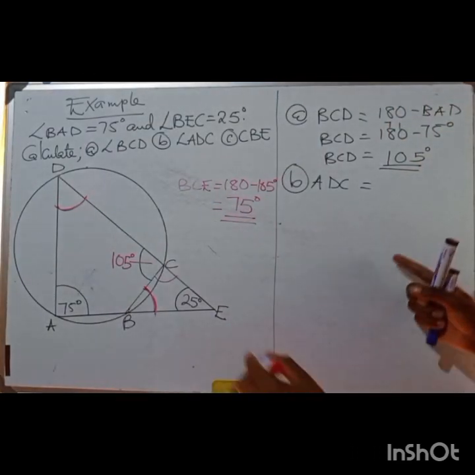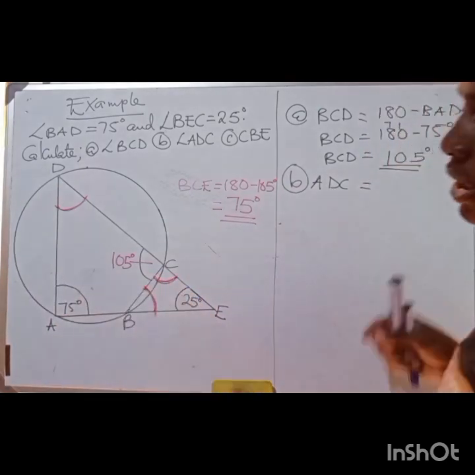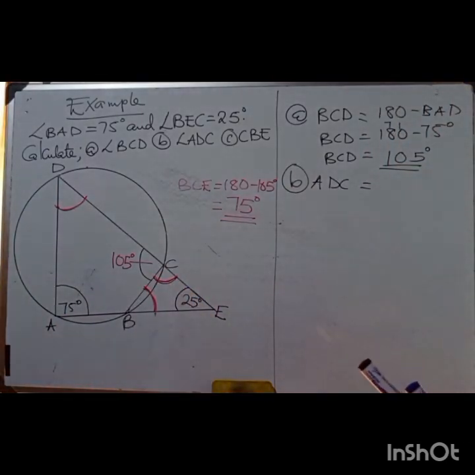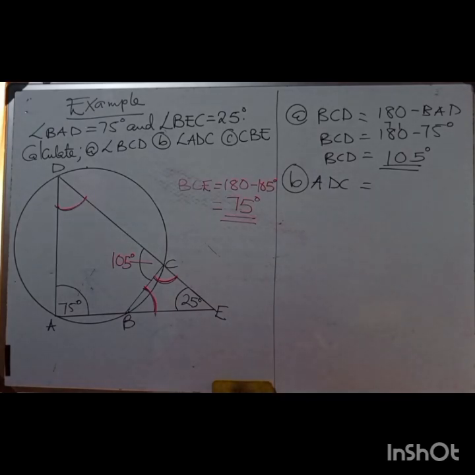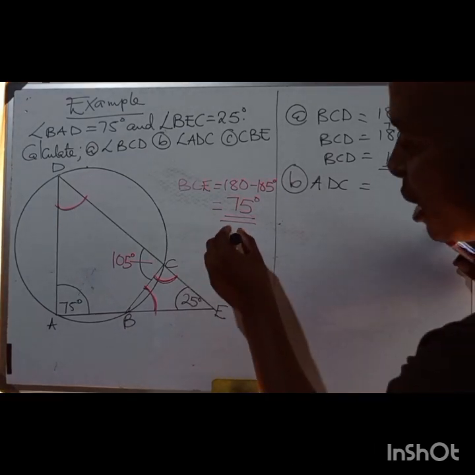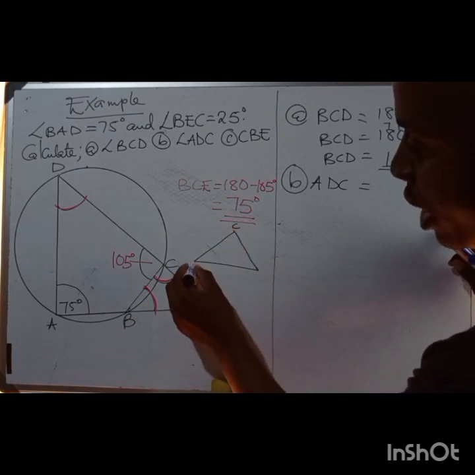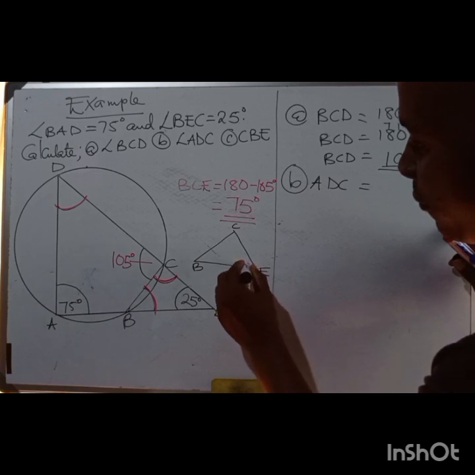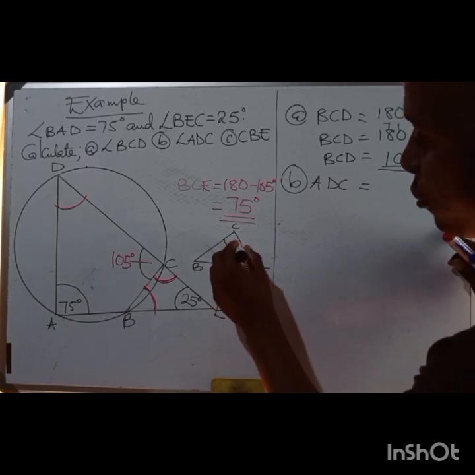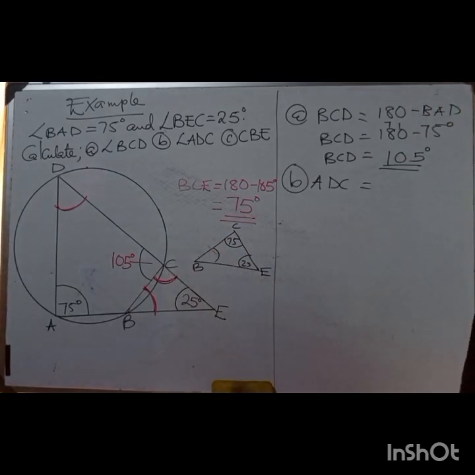In other words, this is the exterior angle opposite to this interior angle, so it will be 75. Now that we have known it's 75, we are going to take advantage of this triangle where we have C, B, E. There we have 25, there we have 75, and there we don't know.